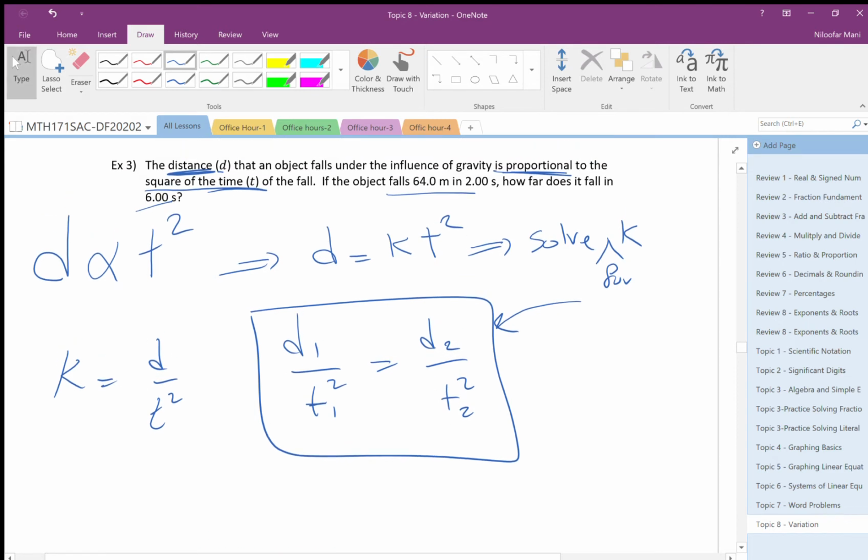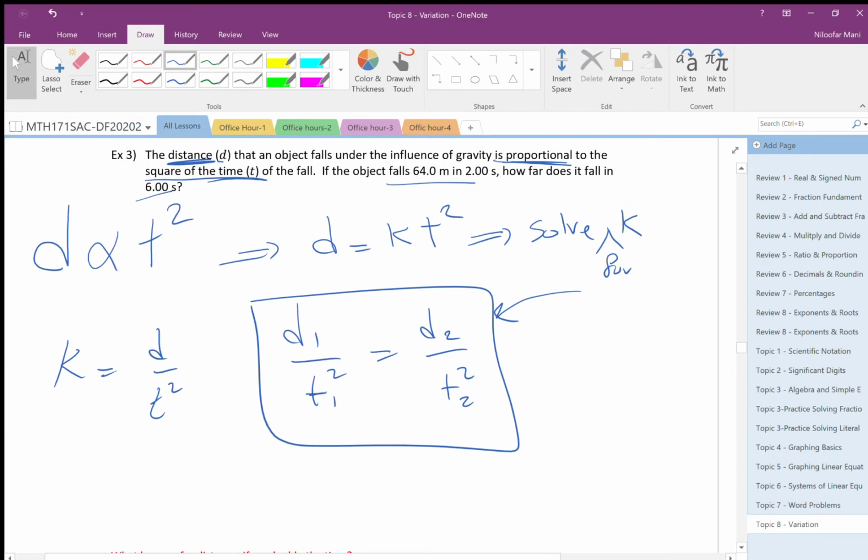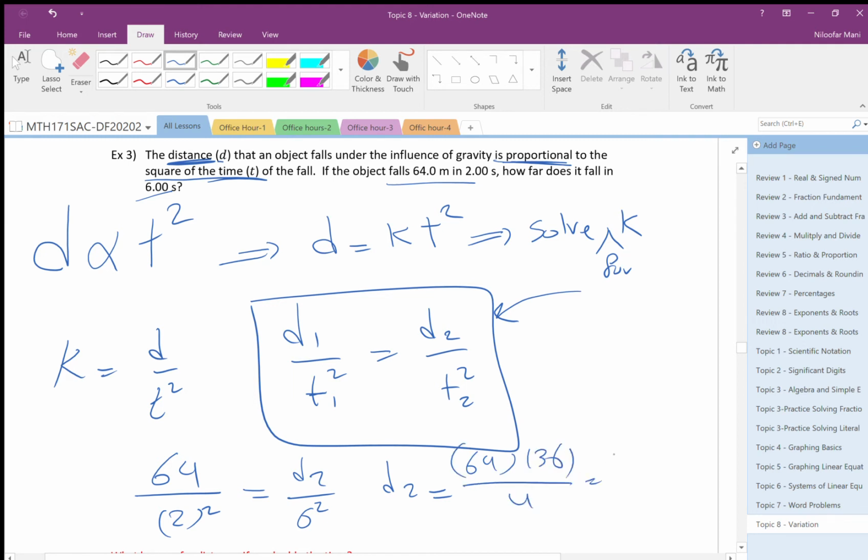So now, what is distance? 64 meter over a squared equals d2 divided by 6 squared, and I can find d2. So 64 multiplied by 36 divided by 4, which is 64 multiplied by 9, and that's 576.